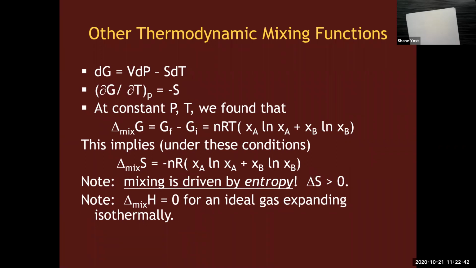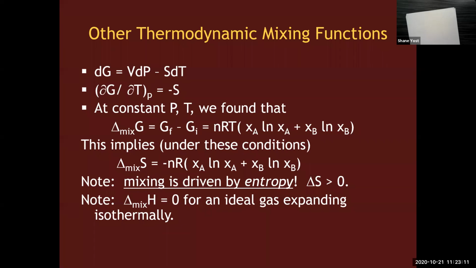They don't interact with each other. They have no interaction with each other whatsoever. So mixing of those ideal gases under constant temperature conditions has got to be an enthalpy change of 0, because each of these ideal gases is just isothermally expanding, and an isothermal expansion for an ideal gas has an enthalpy change of 0.